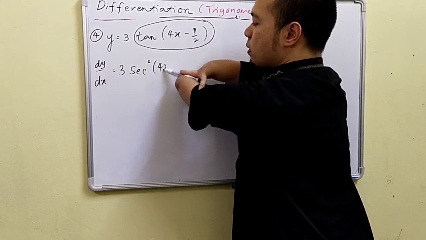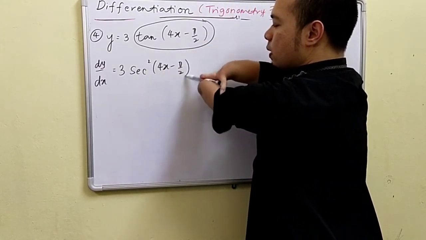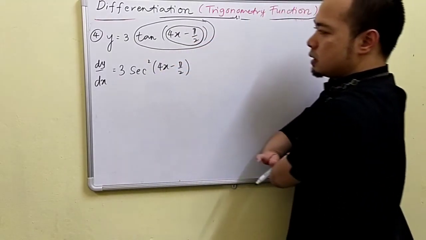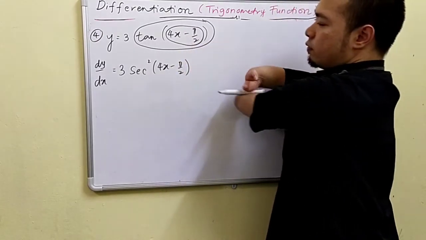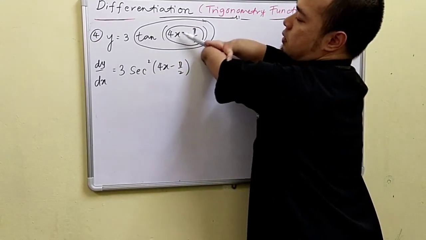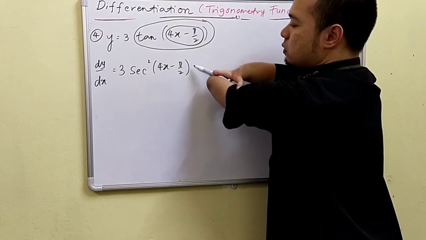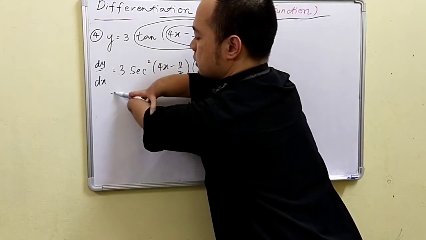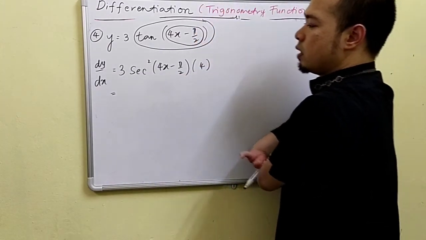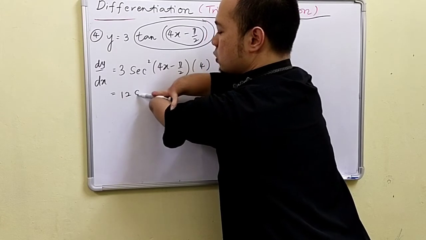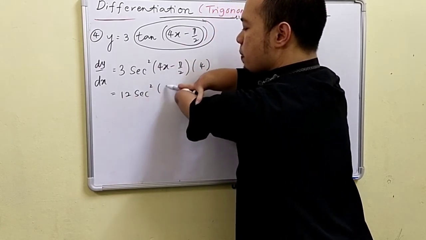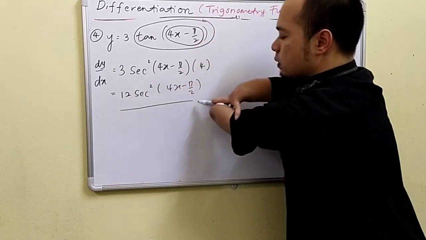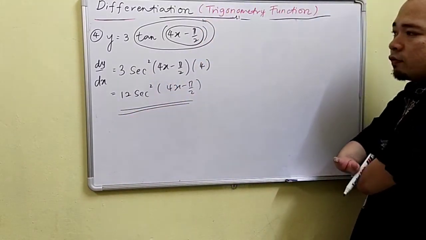This 4x minus pi over 2. Then inside, this is the another inside. 4x minus pi over 2. This pi over 2 is just a constant. So 4x minus pi over 2, differentiate, we will get 4 only. So simplify the answer. 4 multiplied by 3, 12. So 12 sec square of 4x minus pi over 2. So this is your final answer.